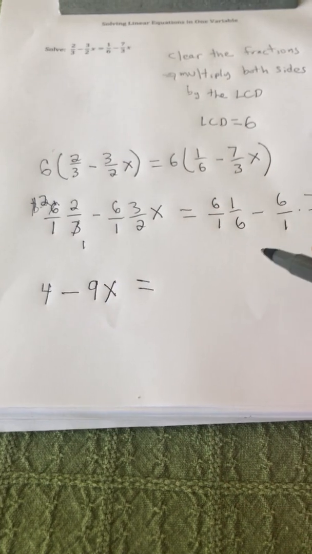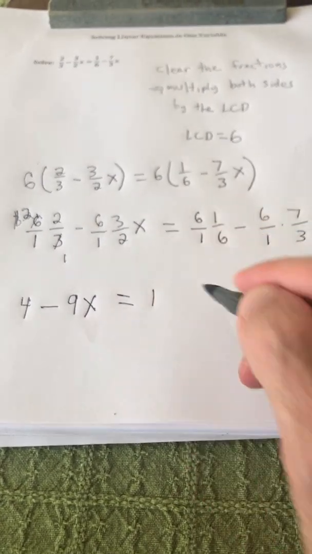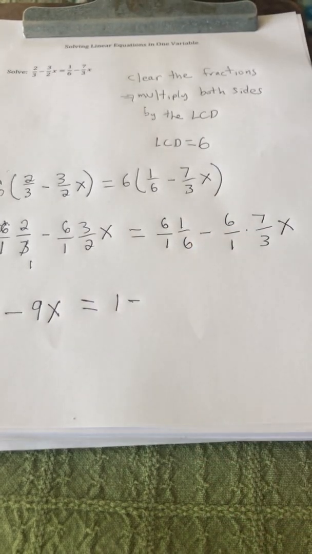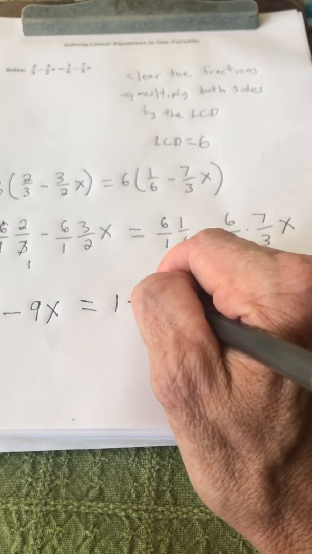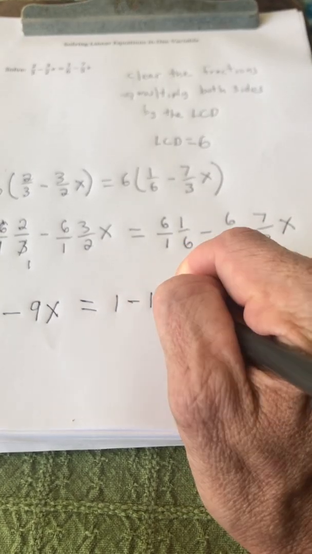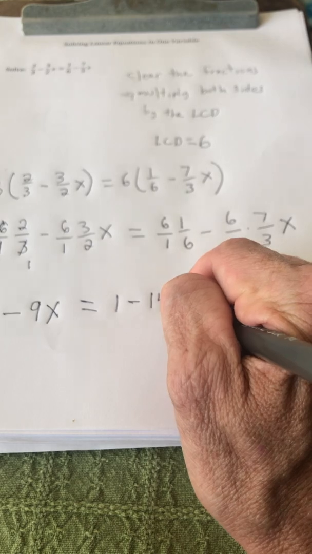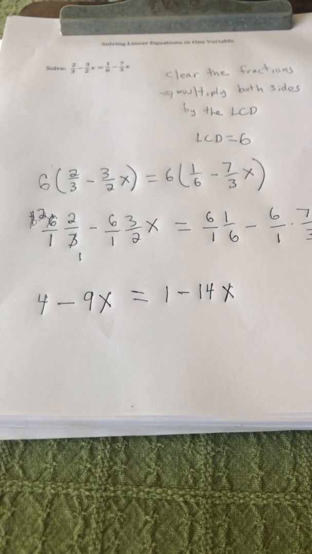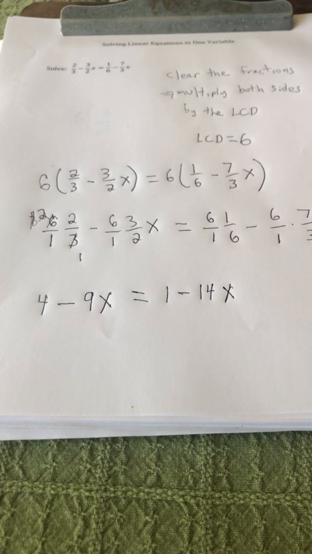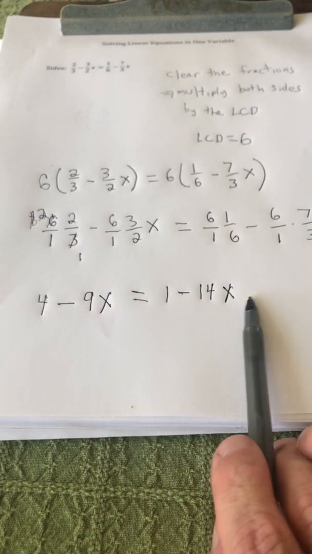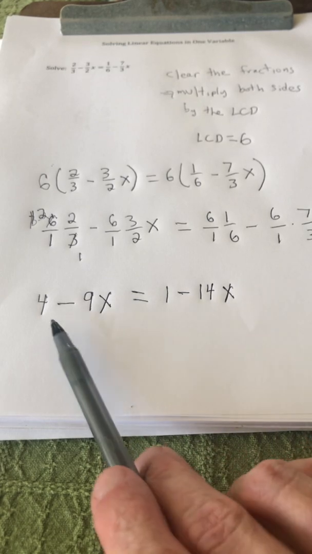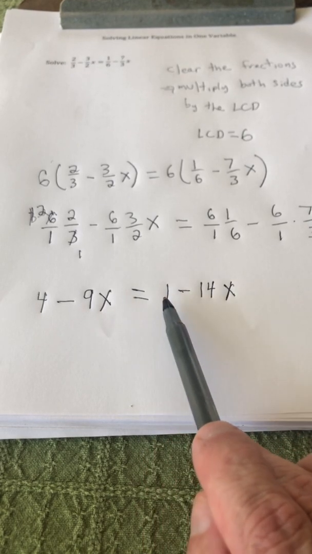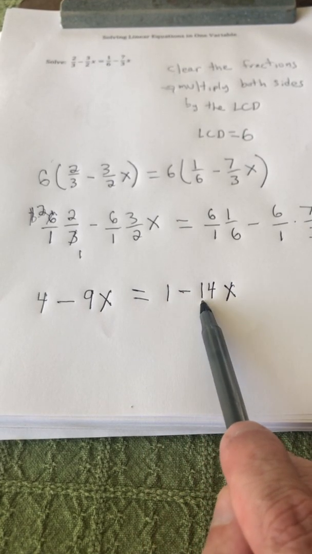And on the right side, we have 1 minus 14x. So notice what happened. The work that we just did accomplished what we wanted. We cleared the fractions. There are no more fractions. So now we have 4 minus 9x equals 1 minus 14x.